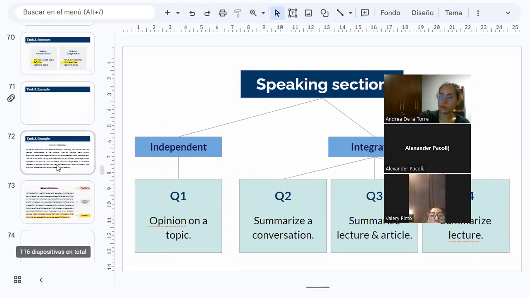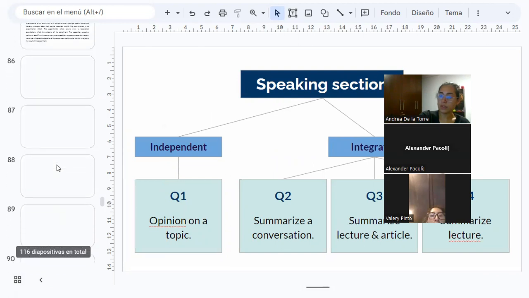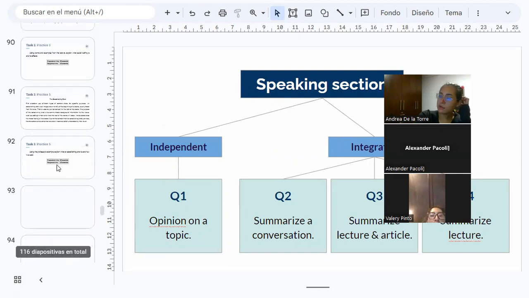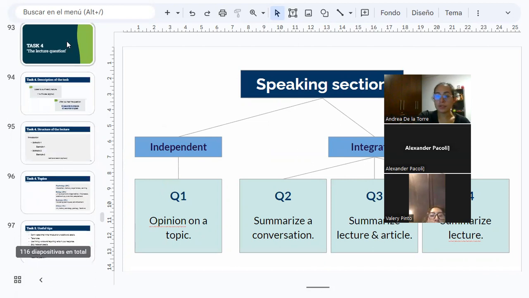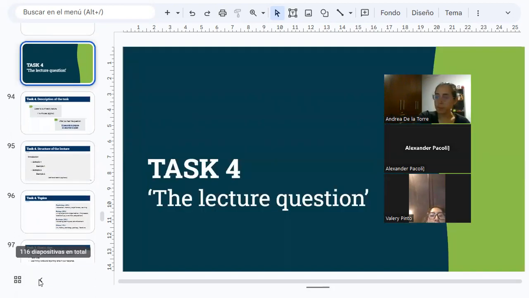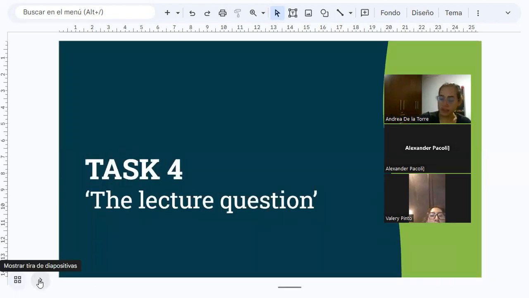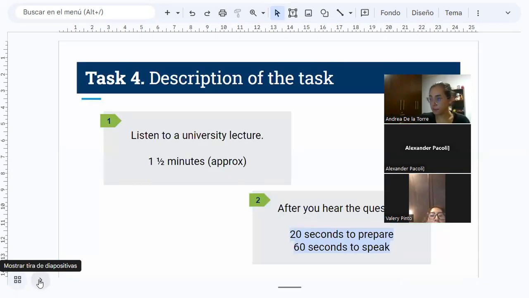No questions? Okay, guys. So task number 4 is actually very similar to task number 3. What is the difference between task 3 and task 4? Basically, the format. The content is quite similar, but the format is different. In the last question of the speaking section, you will only have to listen to a lecture.